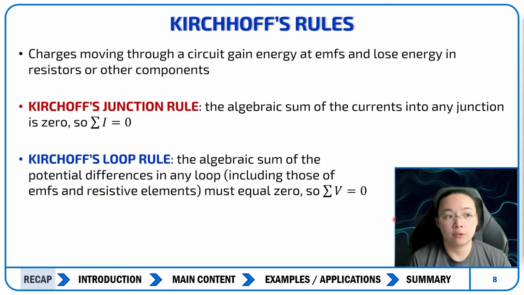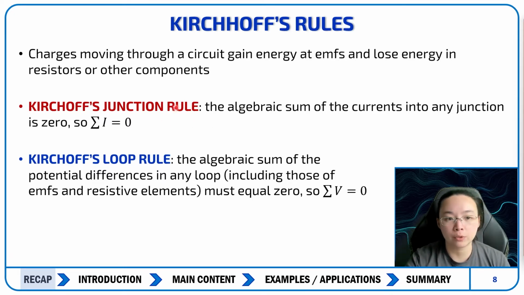And finally, Kirchhoff's rules. These are important because they help us determine the resistance, the current, and the voltage across each individual component of a circuit based off of rules at the junction points and the different loops within a circuit. So just remember the 2 different rules.